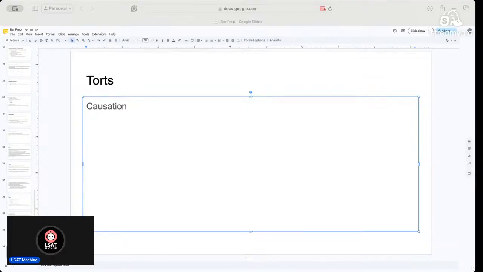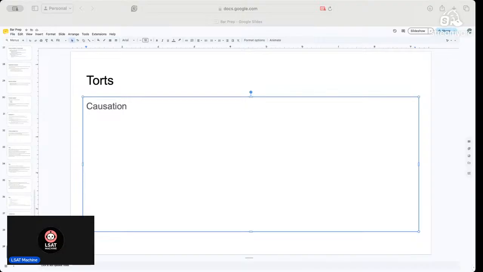So just like you have to prove that someone caused something with the crime, that the person did the crime, in torts and negligence, you have to show that the person's actions caused the harm that you're suing for. And that can get really hard when there's a lot of people who might be responsible, or you might be partially responsible. But anyway, okay.